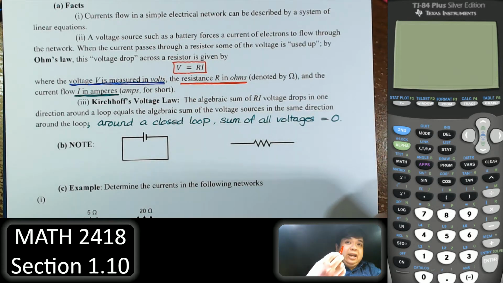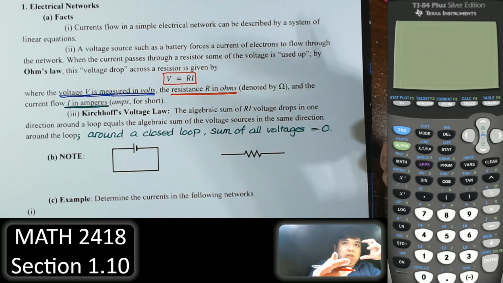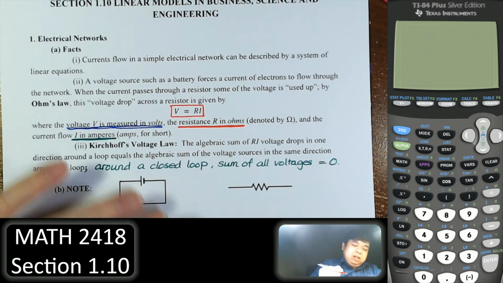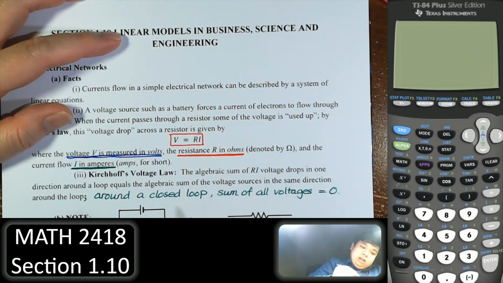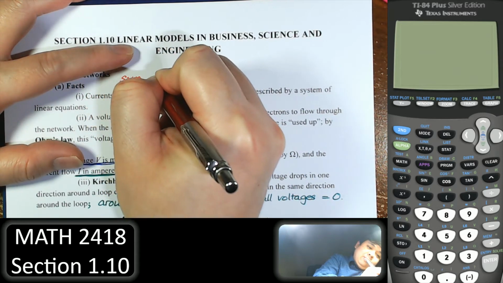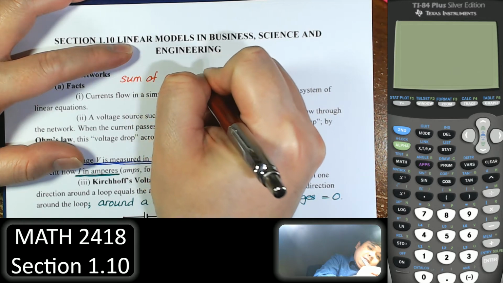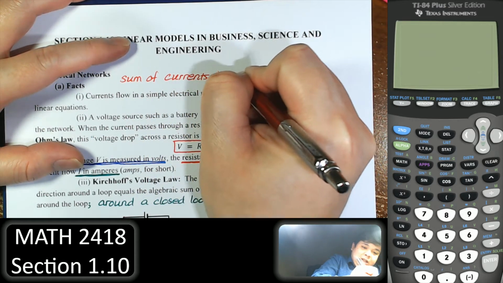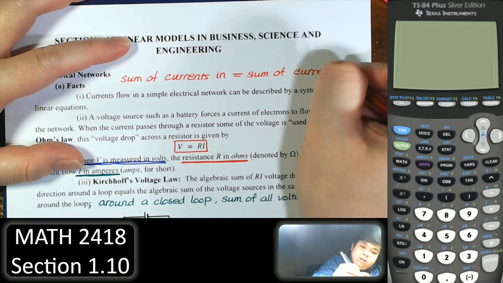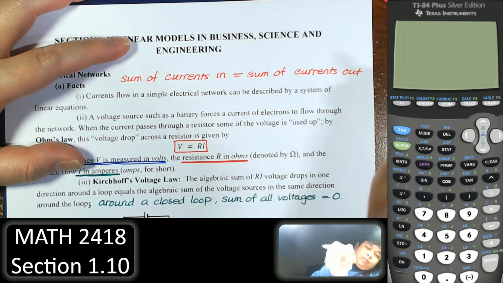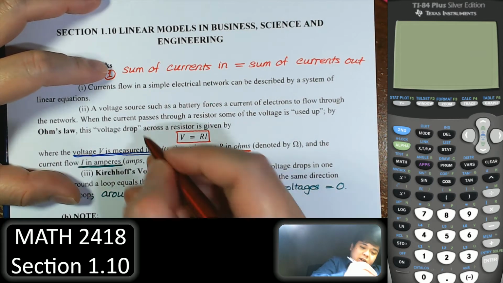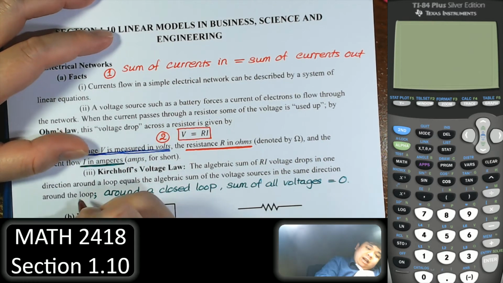And one more thing, remember the traffic problem: the sum of currents in is equal to the sum of currents out.